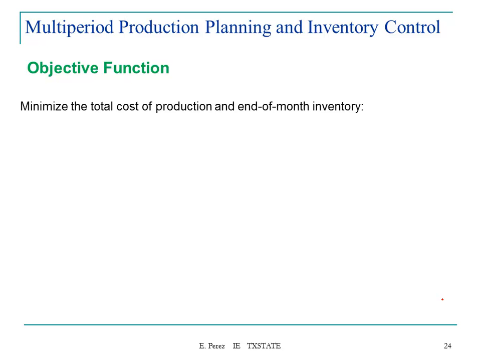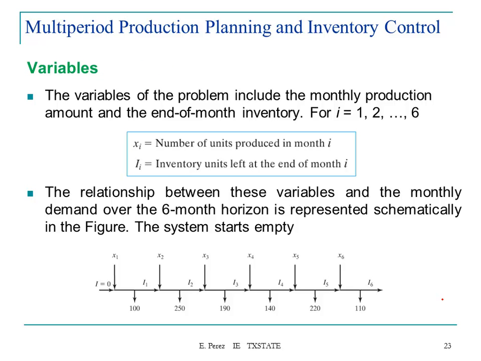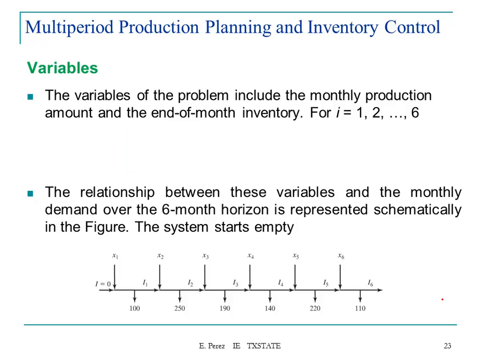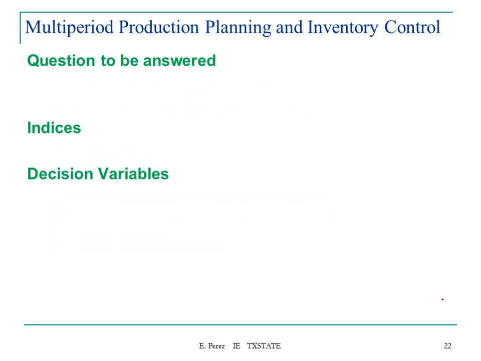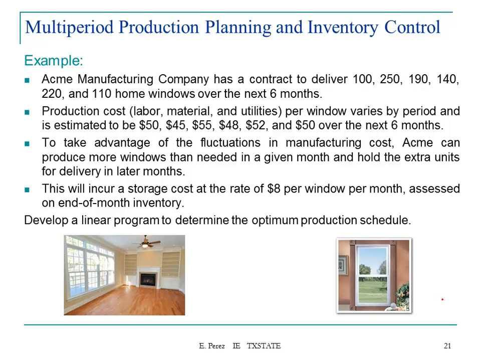So the objective function, again, go back here, you have the cost, right? You don't have a profit defined for your units. The only things defined in the problem are the cost for producing those items and the cost for storage.